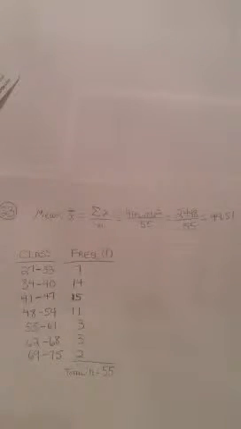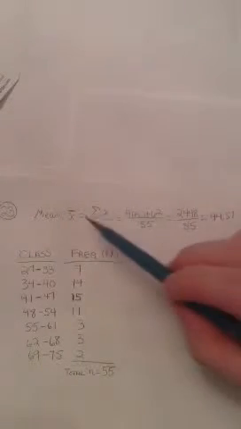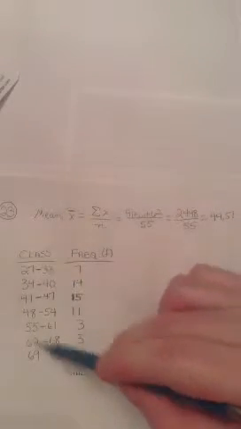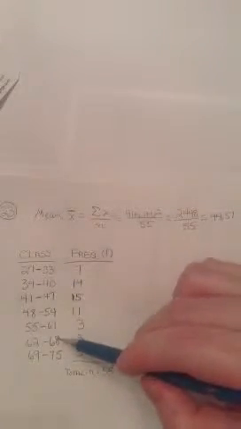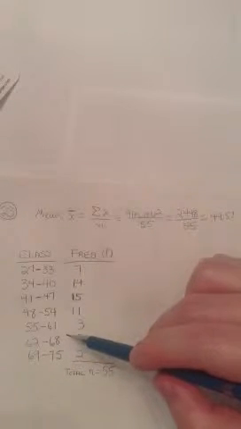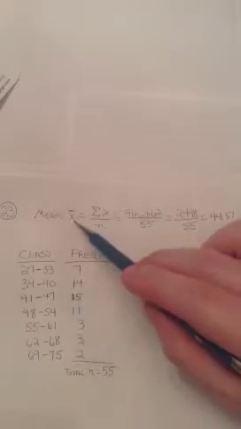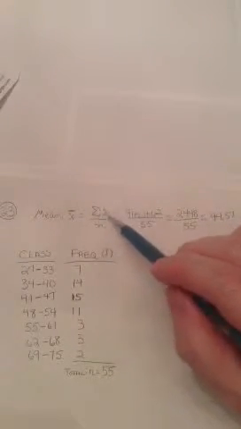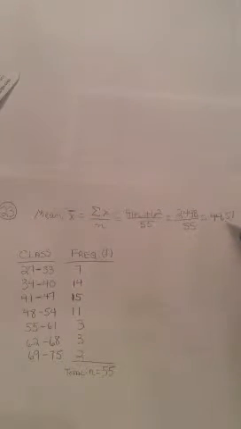Now, what the author is asking for is to calculate the mean if you had only the group frequency distribution to go by, as opposed to having all the data items. But for the answer, this version of the determination of the mean, taking the sum of all the data items divided by 55, coming out to 44.51, is an acceptable answer.